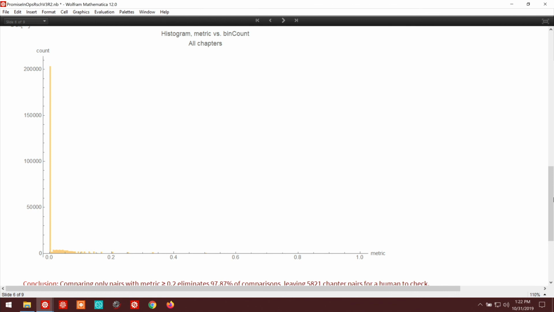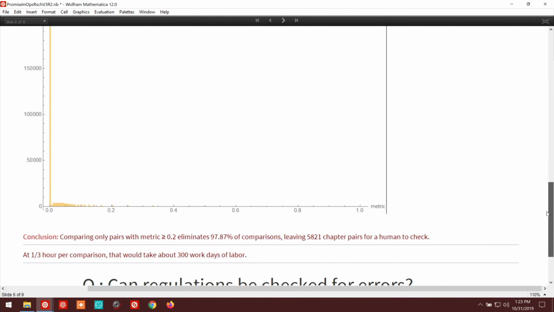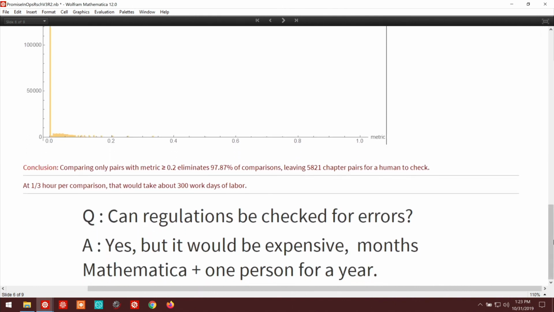Now, in practice, if you start at 0.2 in similarity and only look at chapters that have a similarity of that or greater, then you've probably gotten all the chapters that might contradict each other. You don't have to look at the chapters that have nothing to do with each other.